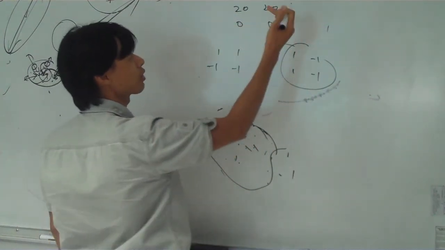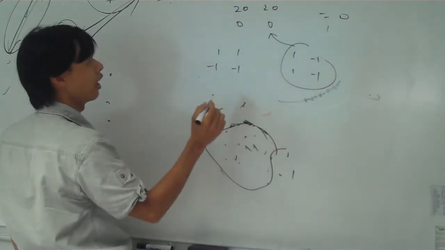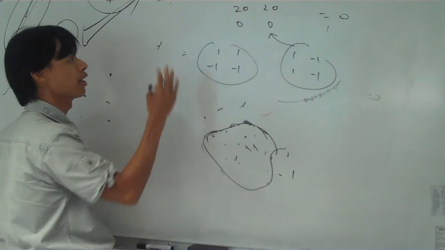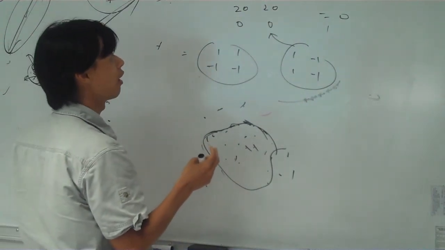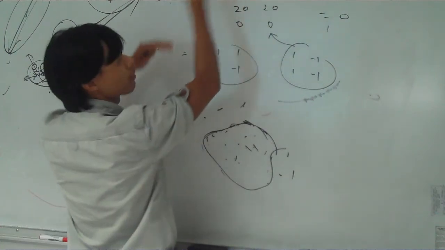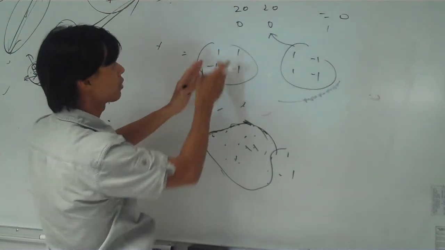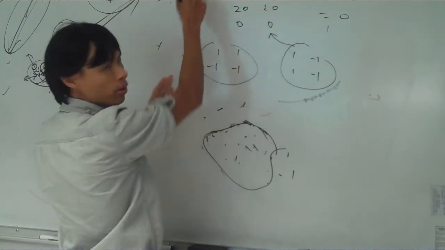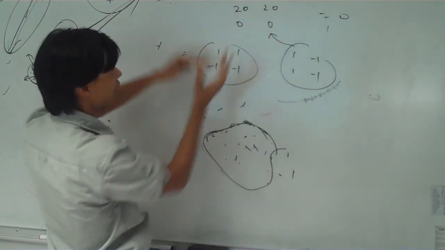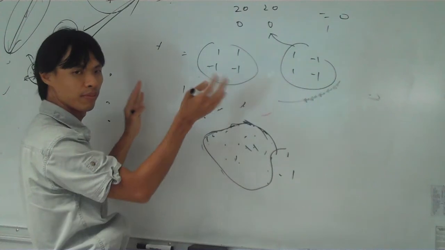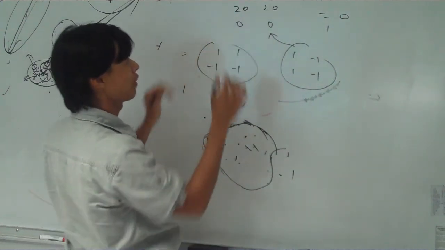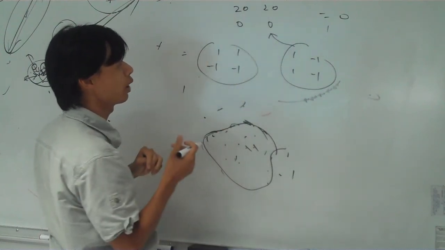In that case, this will give me 0, and on this side it will give me something positive or negative. So basically we detect horizontal edges, and this other filter will detect vertical edges. Of course, you can make different kinds of filters for different angles and improve it, but this is just a very simple way to do that.